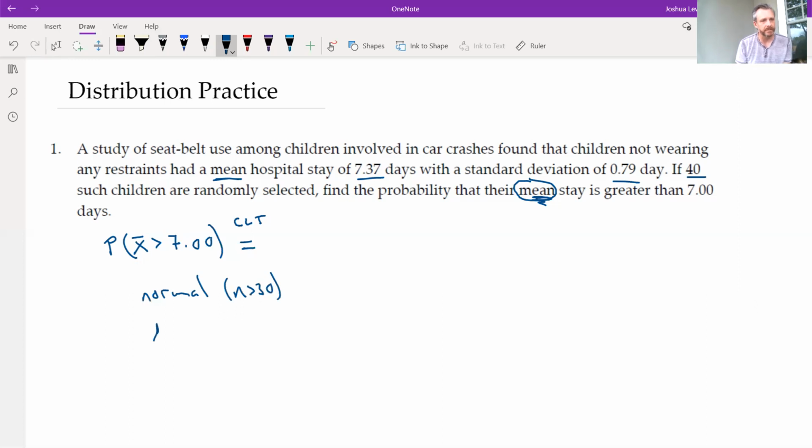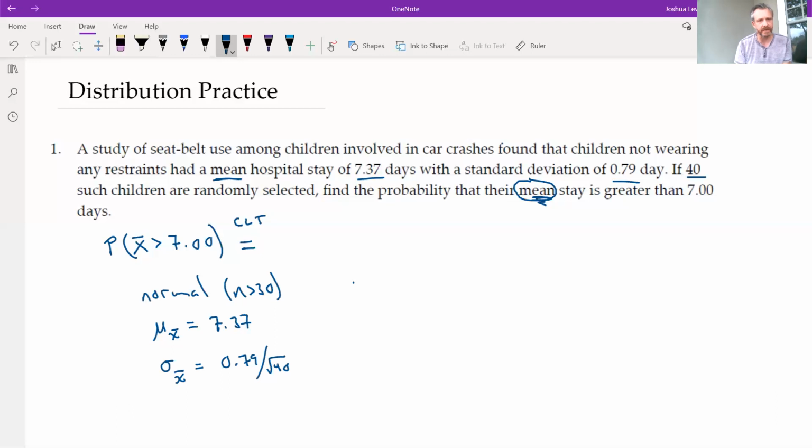And my mu x bar is going to be 7.37. And then my sampling error is going to be that 0.79 divided by the square root of 40, okay? And so whatever you use here, right?